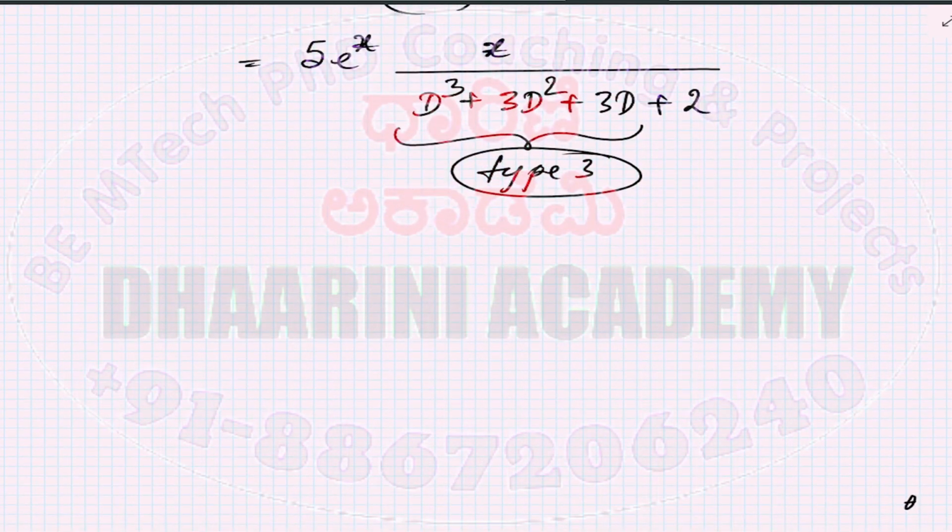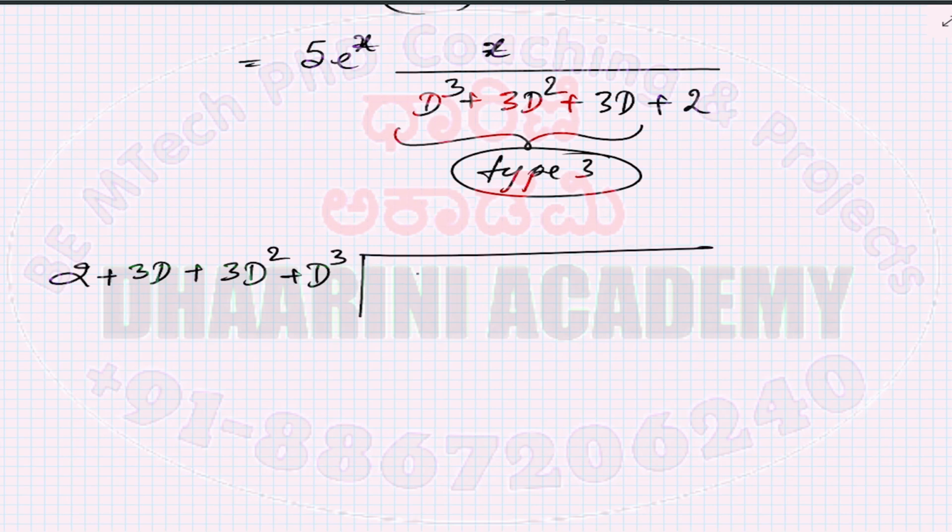To perform the synthetic division, we have the denominator written in increasing powers of d. So that is 2 plus 3d plus 3d square plus d cube, and the term I have here is just x.